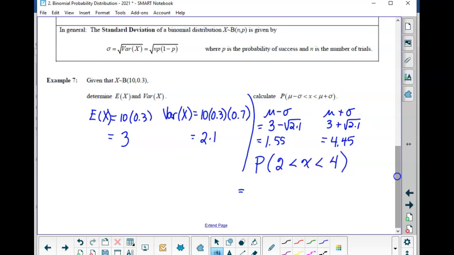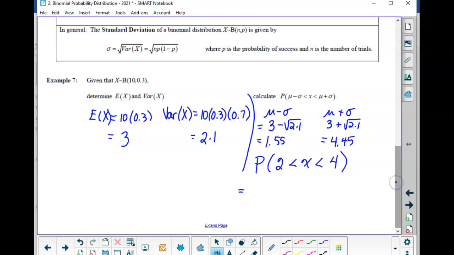But remember, unless you have that calculator, the Inspire, you need to think about subtracting values, right? Because when you put in a cumulative, it starts at 0 and goes up to that value.